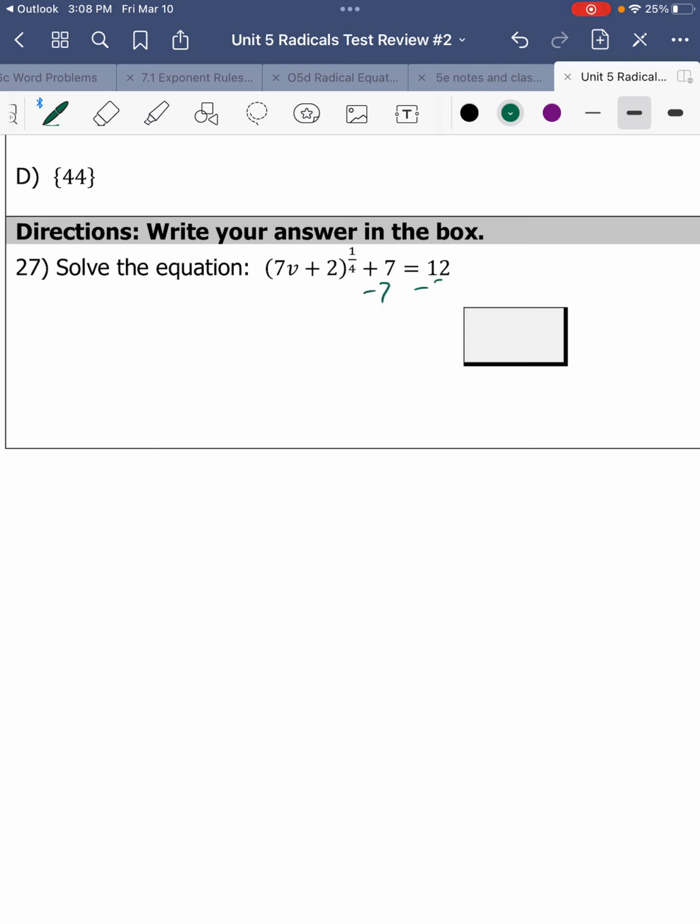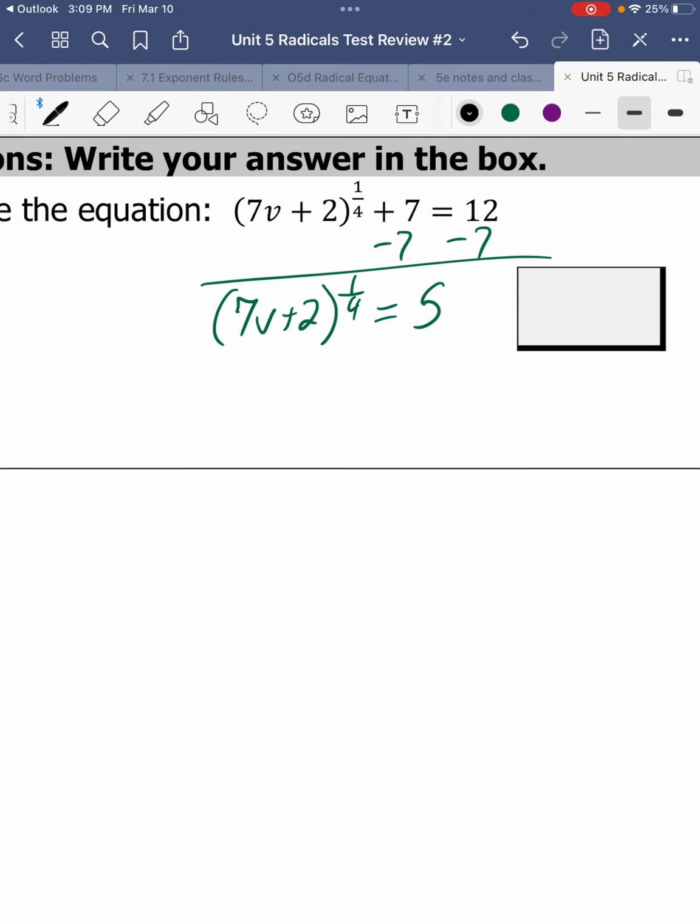And the last problem, we do have to isolate. And you're like, it's not a radical. Well, it actually is a radical, just in exponential form. When you are undoing a radical or an exponent, you multiply by the reciprocal.